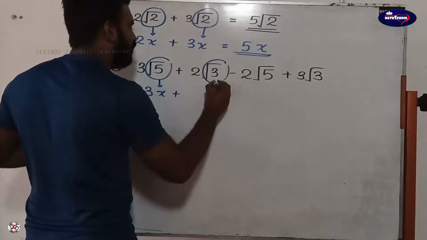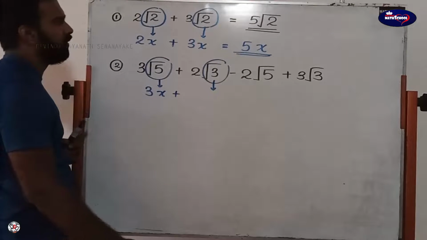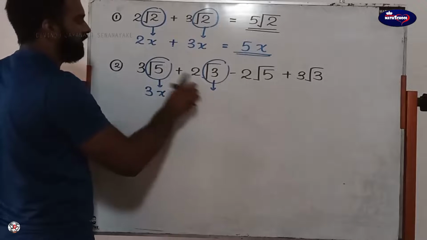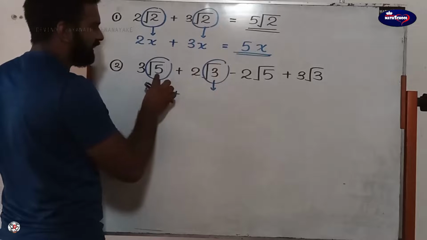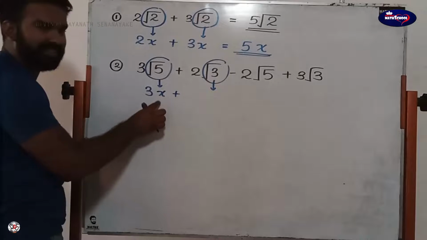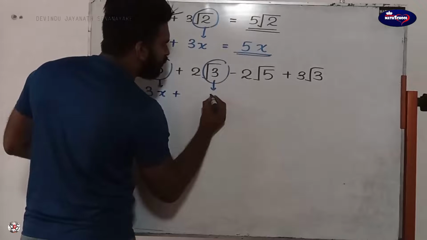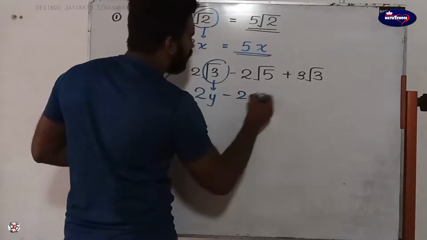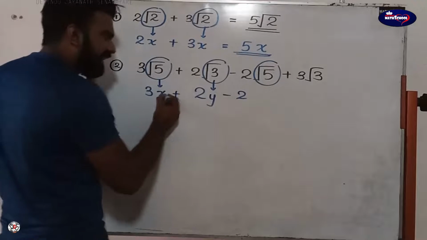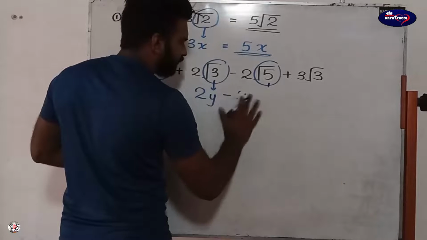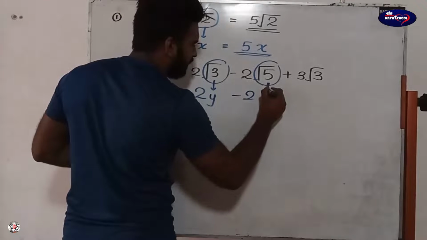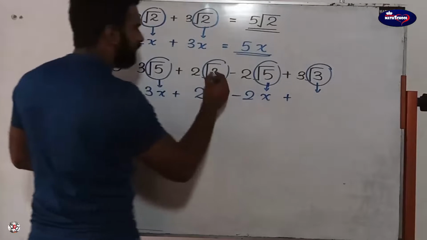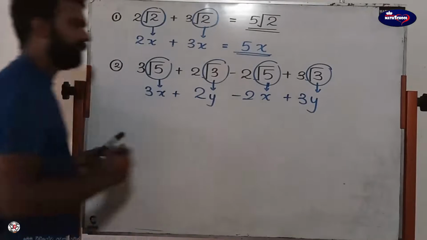Plus, this is also unknown, but it is not the same number, it is square root of 3, so we use another letter, 2y. Minus 2 square root of 5, which we took as x, so we put x here. Plus 3 square root of 3, which we took as y, so 3y will be there.